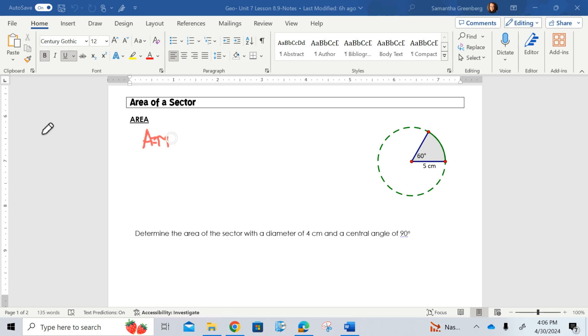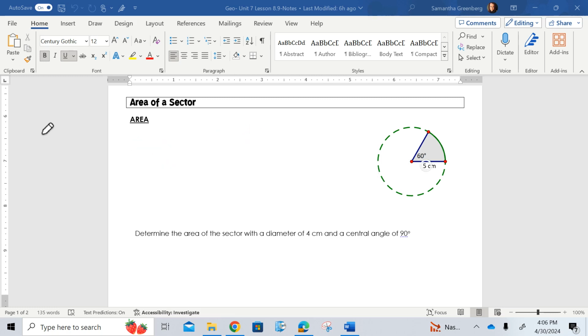Area equals pi times your radius squared. And so our area of a sector, you'll see me write it like this a lot. Area subscript sector equals, just like arc length, theta out of 360, or our angle measure out of 360, times pi r squared.